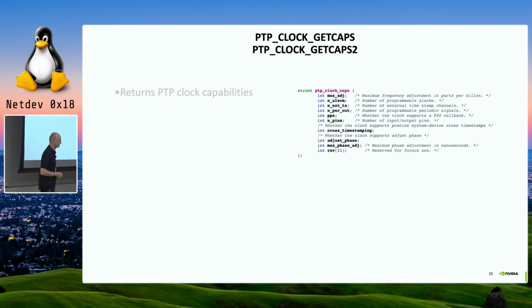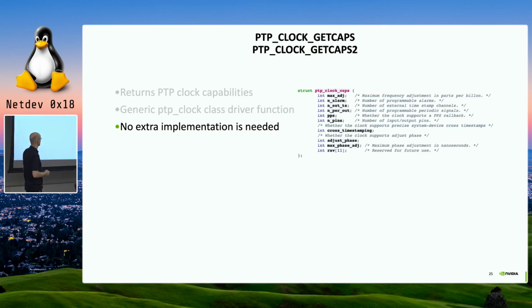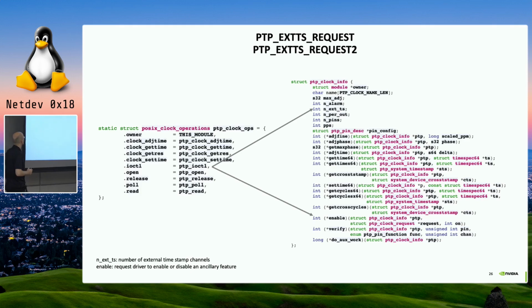Those are values based on the implementation of your function. If you implement them, they will be true and so on. This is a generic clock class driver function, so you don't need to implement it, it's already there. You just need to fill in all the arguments, and then they will get returned.